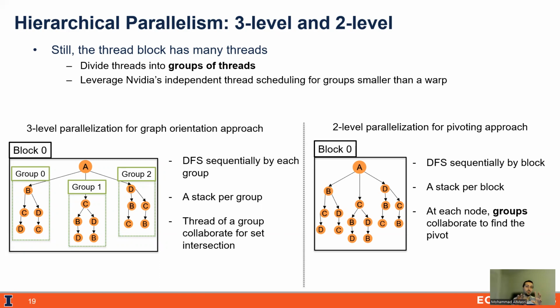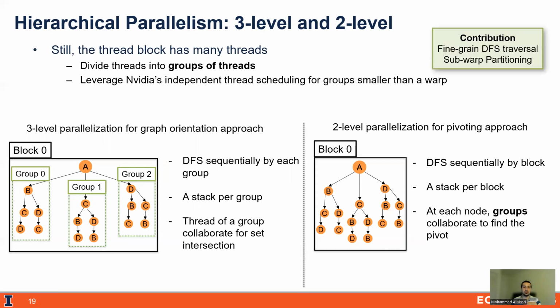The thread groups within the block will collaborate to find the pivot. Each group will take, let's say, a neighbor, find the degree or the number of common neighbors with the root, and then they all will vote for the pivot. There are so many independent tasks that the groups have to do to find the pivot, and this is why the groups are just used to find the pivot in the two-level parallelization strategy.